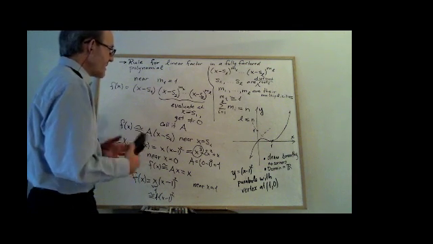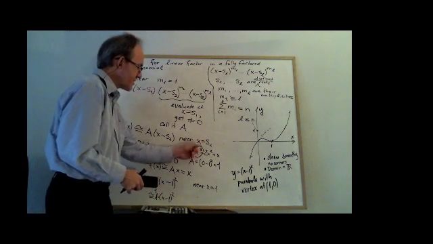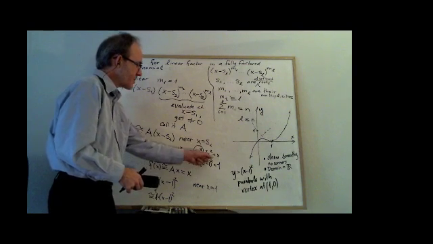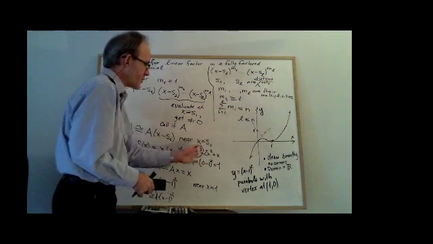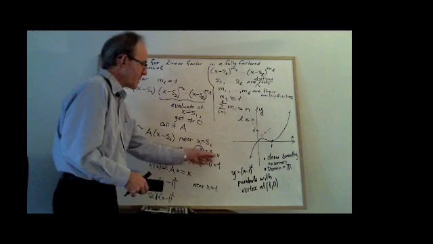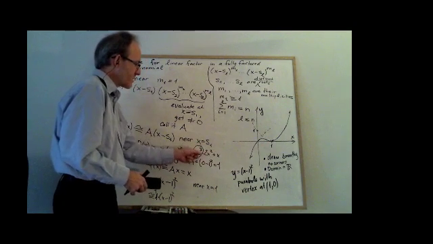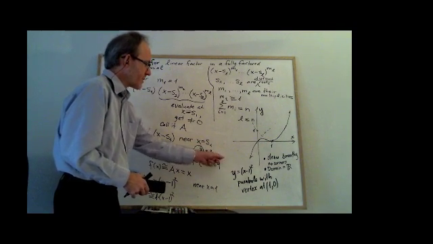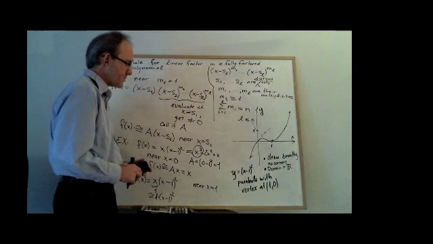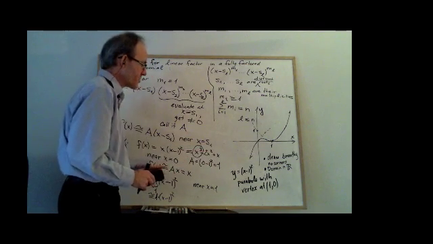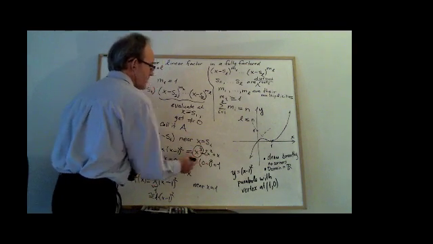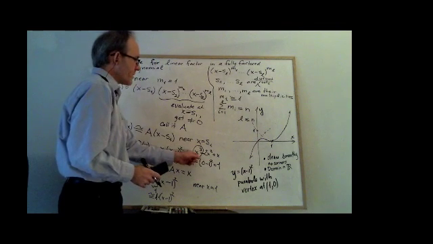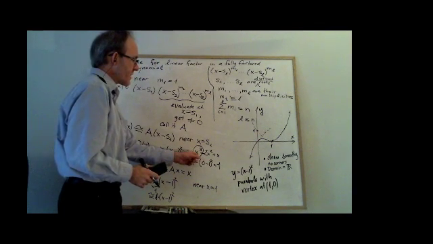Okay, so the leading behavior of the polynomial is determined by this term, because as x gets larger and larger, either plus infinity or minus infinity, this term will dominate all the rest. This term will eventually get bigger than all of the other terms combined. So this will look like x cubed.